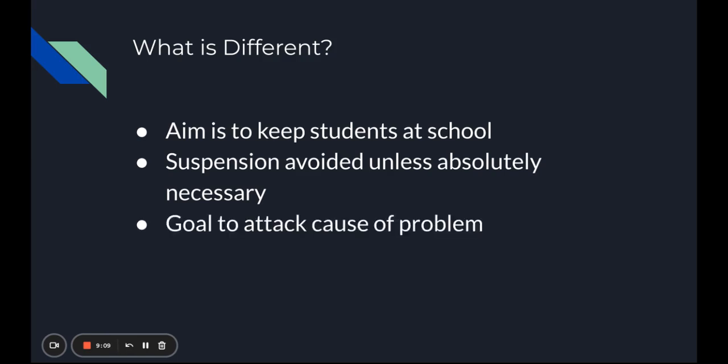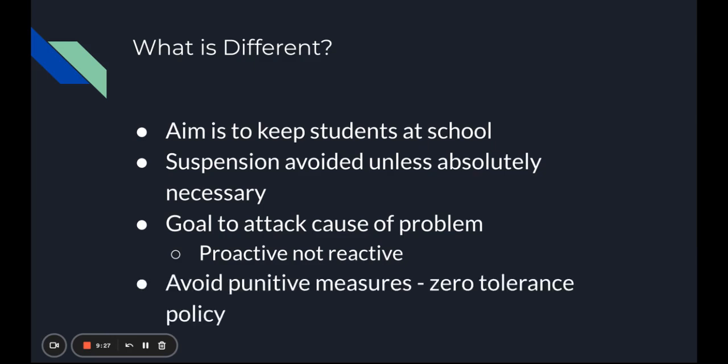The whole goal of restorative practice is to try to be proactive, as we mentioned on the previous slide. We want to attack the cause of the problem, not respond to the results that happen because of the problem. Again, focusing on that proactive approach, not the reactive. Overall, this means avoiding punitive measures and zero tolerance policy.